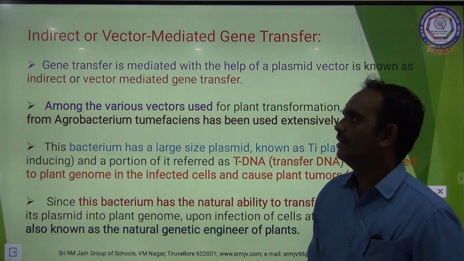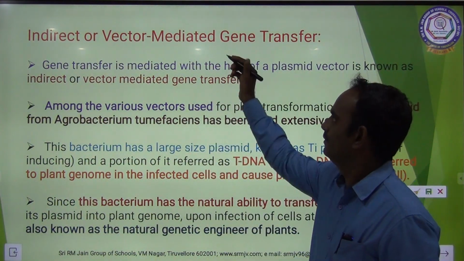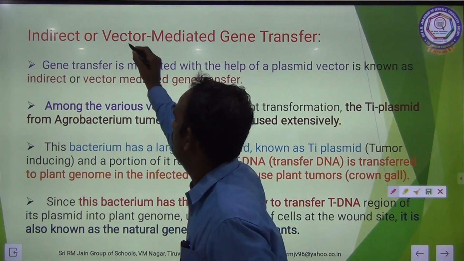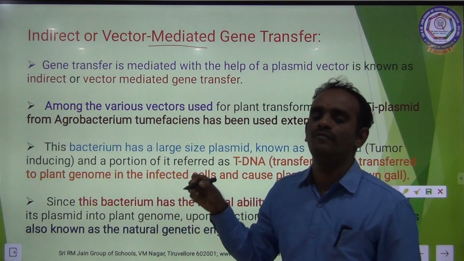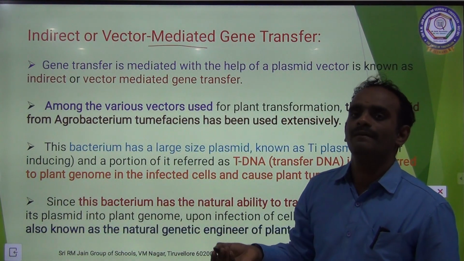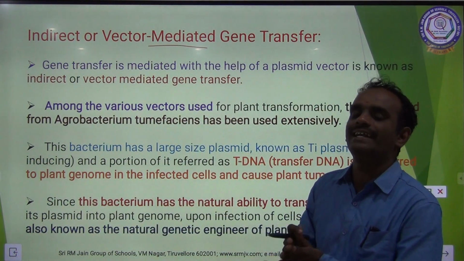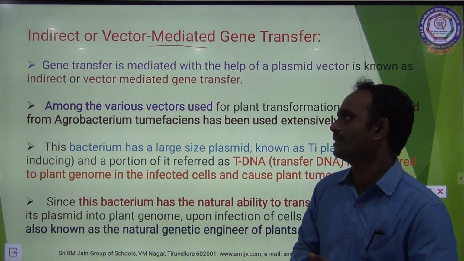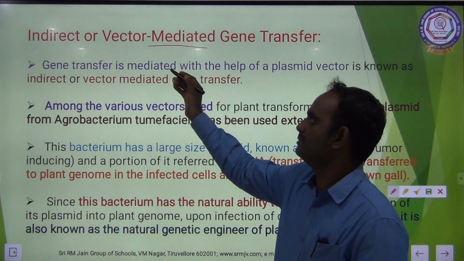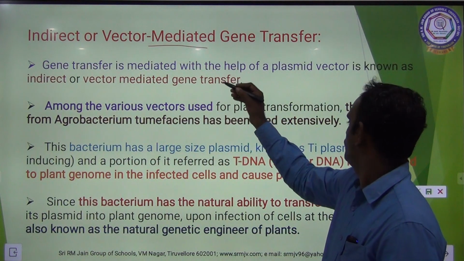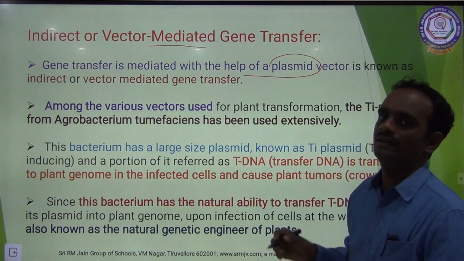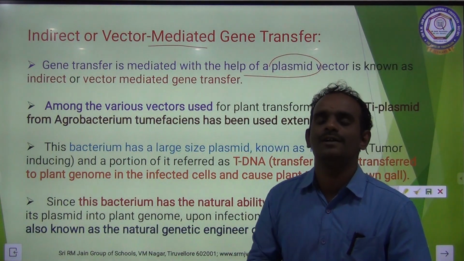The next one is vector mediated or indirect method of gene transfer, with the help of a vector. Gene transfer is mediated with the help of a plasmid vector. We often use the vector plasmid.